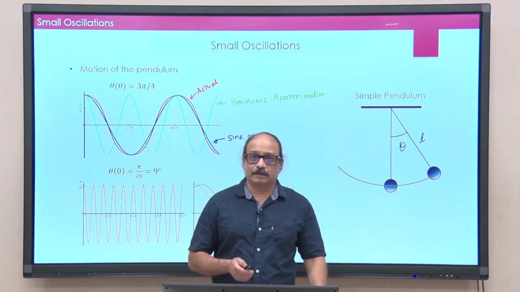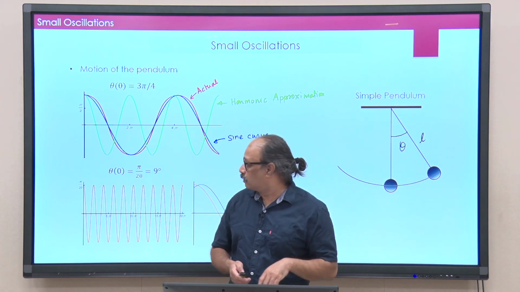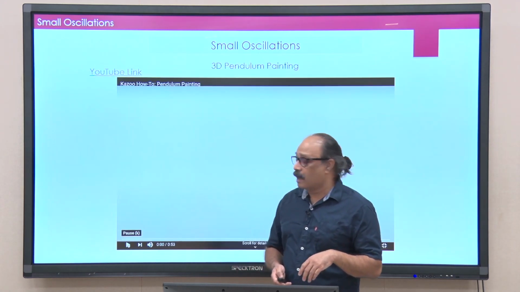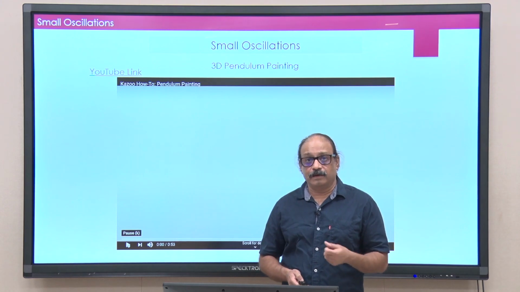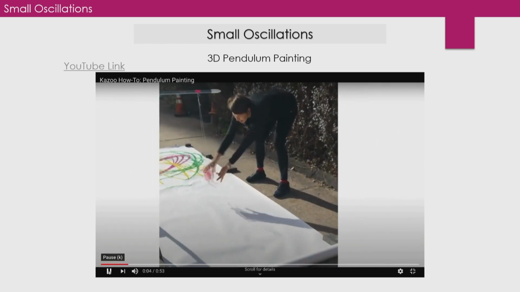Now, if you search for a branch of paintings or artwork and search for pendulum painting, that is a very interesting idea. You will find several results, you can look at some of those.